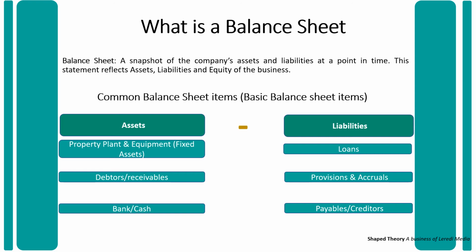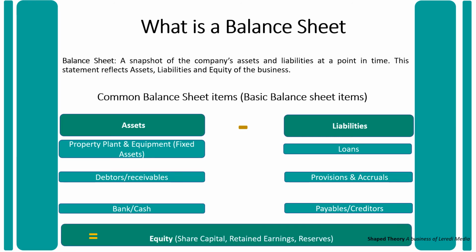Now, I've mentioned to you that I'll show you how the accounting equation is reflected in a balance sheet. You see that on my left hand side I have my assets, and if I take my assets on my left hand side and less my liabilities on my right hand side, I come to equity.